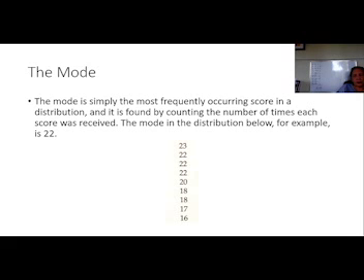The mode is determined by simply looking at how many times a certain data appears, and the data that appears the most number of times is the mode. As in the example given, 22 is the mode of the distribution.